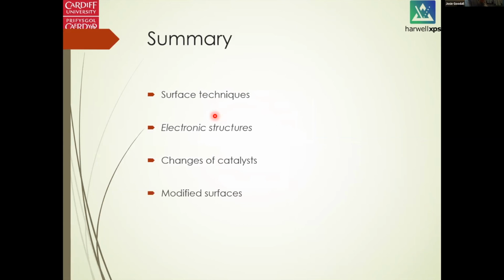Try to think about some of these techniques besides XPS. And also if you work on modified surfaces, films, deposition and this kind of materials, try to explore these kinds of options.